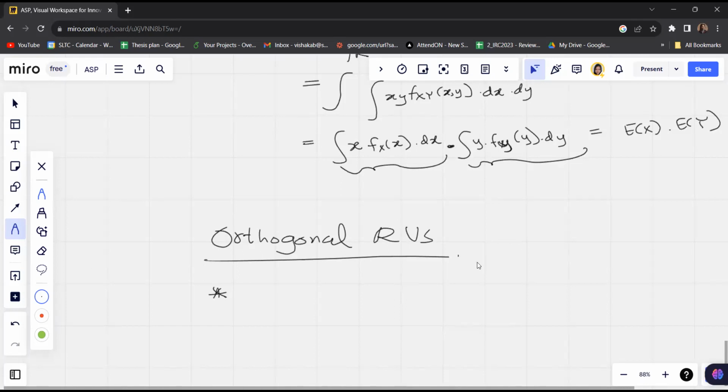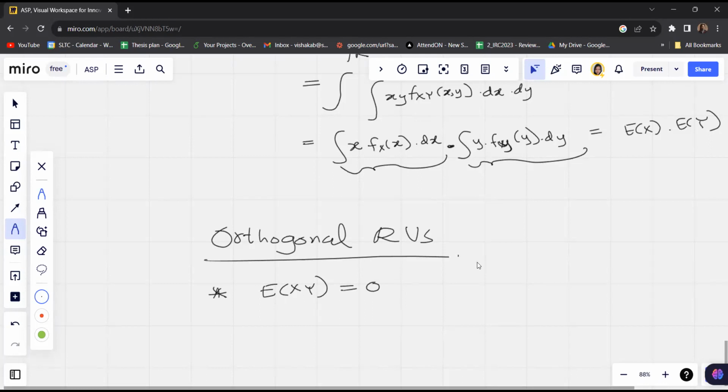The property of orthogonal random variables is that E[XY] is equal to 0. That means that for orthogonal random variables, the inner product between the x and y random variables is going to be equal to 0, right?